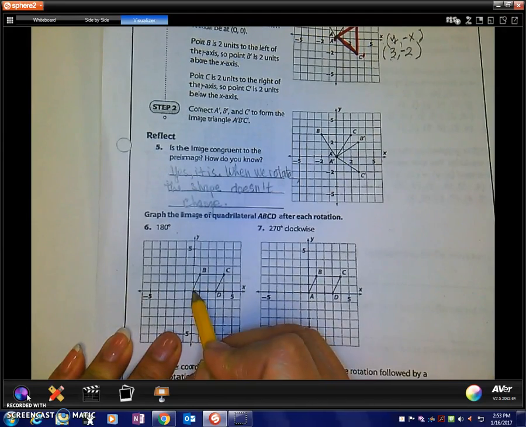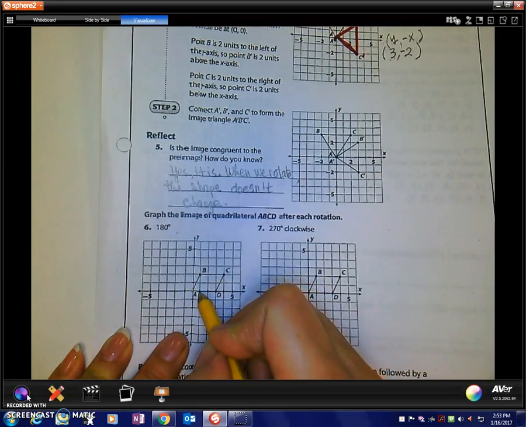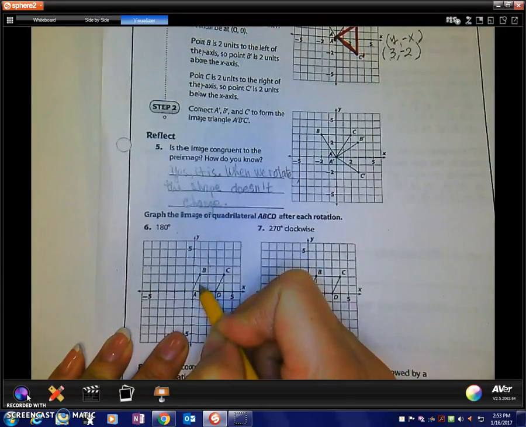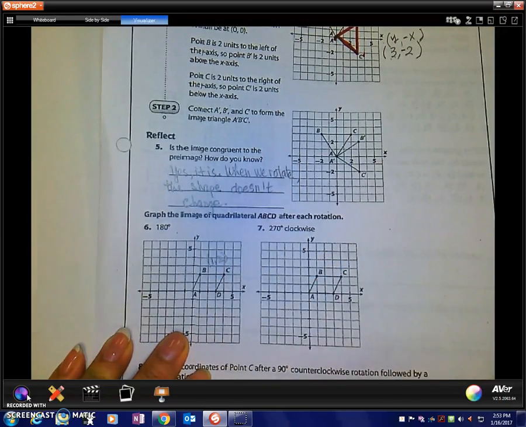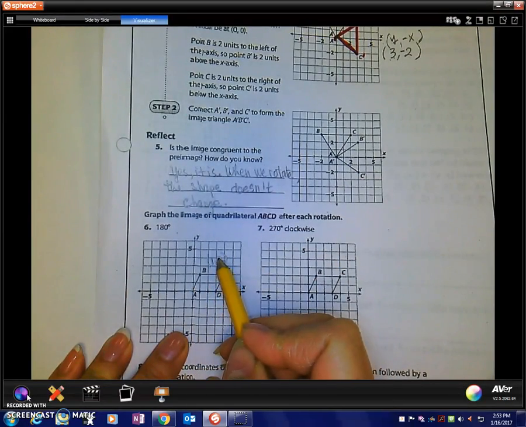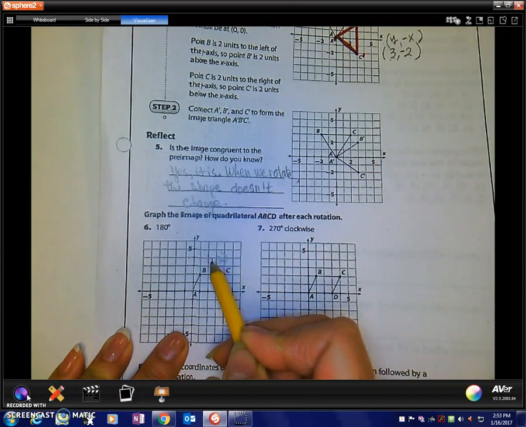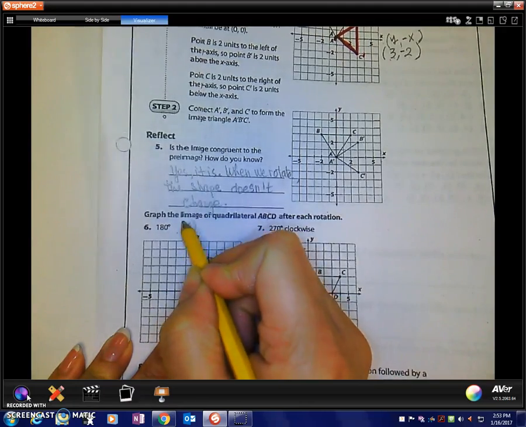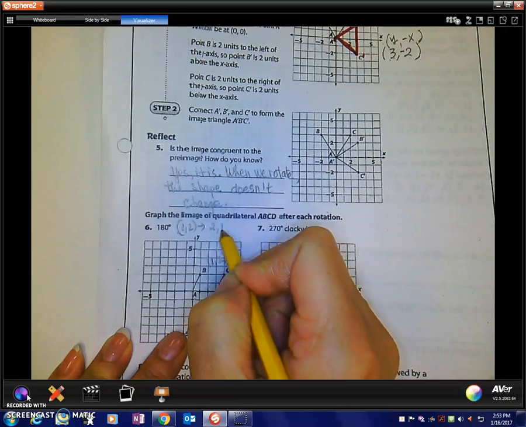So A prime is the same. How about B? The original pre-image is (1, 2). If we rotate once, X becomes Y and Y becomes X. So for this one, (1, 2), when we rotate one time 90 degrees, it becomes (2, 1).